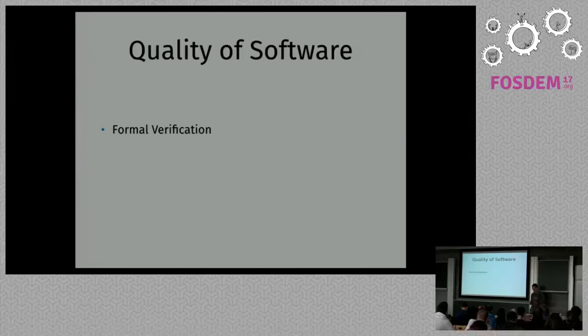For instance, just today we had a great talk about formal verification of programs. I don't know much about this topic, but as far as I know, we are not there yet. The tooling is great, it's improving, but it's quite hard to verify C or C++ because of undefined behavior and so on.